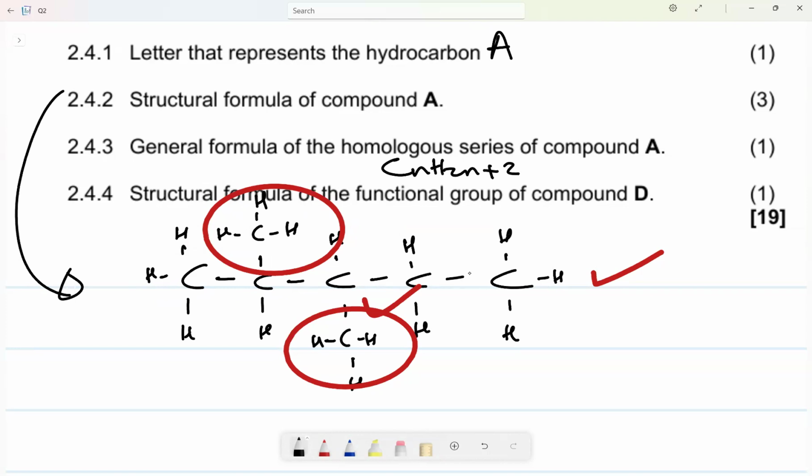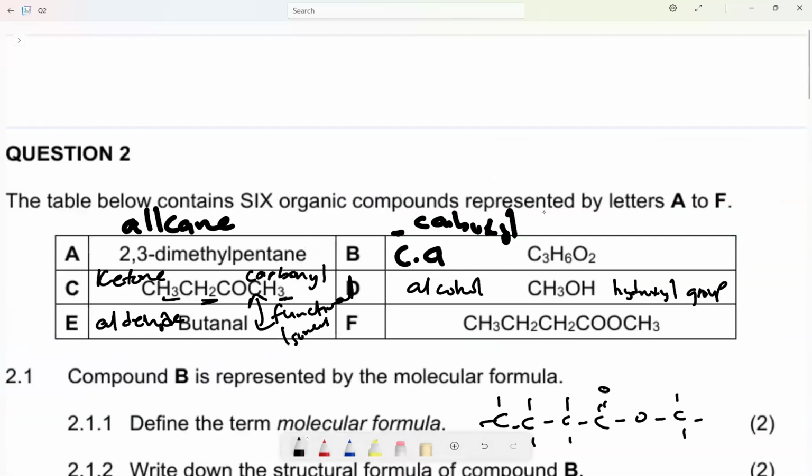General formula of the functional group of D. What is D?